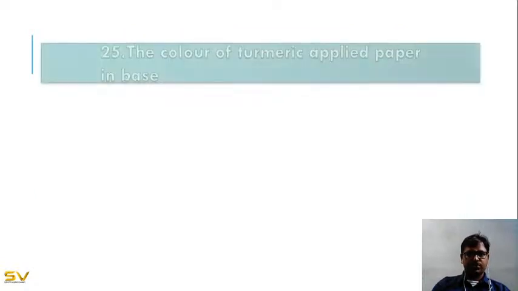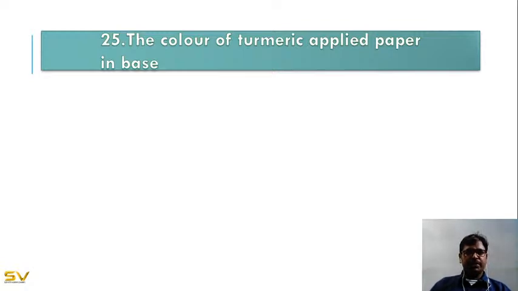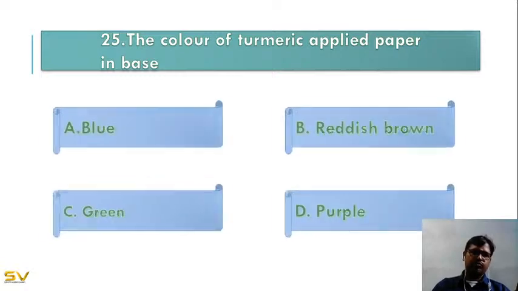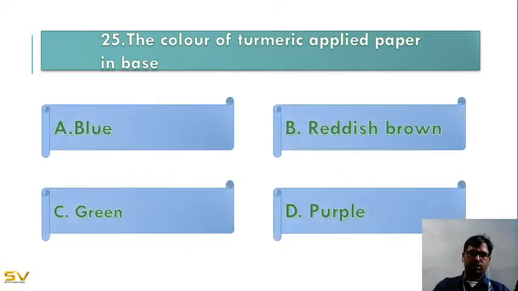Now coming to the last question, I think so. The color of turmeric applied paper in base. So last question, what is the color of turmeric applied paper? If we apply turmeric powder to a paper and dip it in base, what will be its color? Is it blue? Is it reddish brown? Is it green? Is it purple?